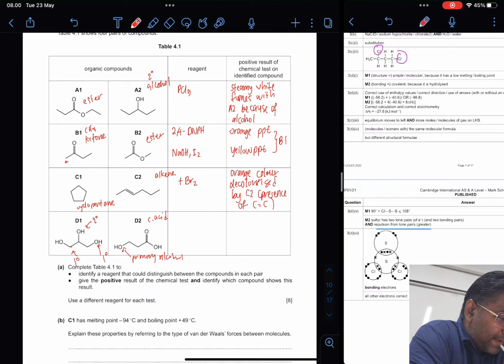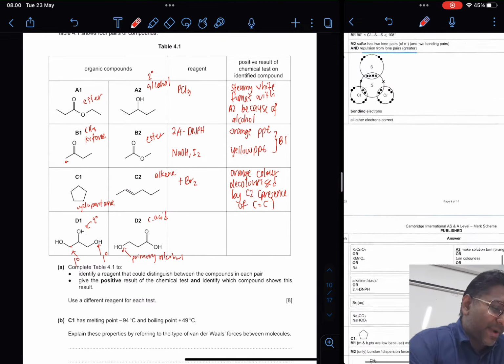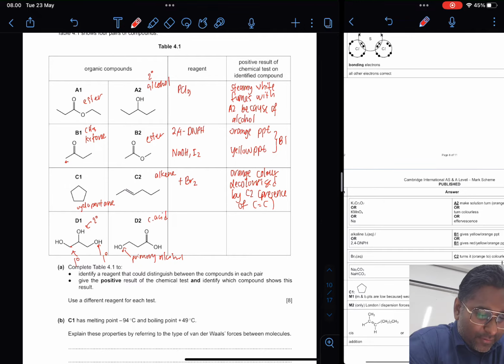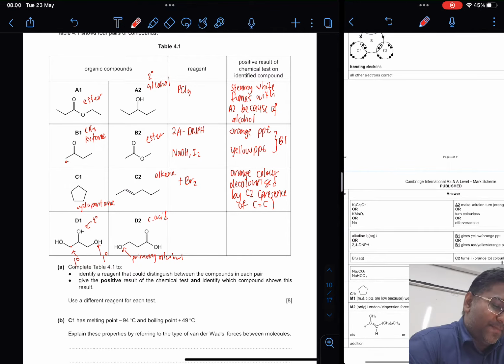Primary and secondary alcohol, you are reacting with carboxylic acid. I think the best is by using sodium hydroxide. Let me check also here. Rather than using sodium hydroxide, that's why they don't use sodium hydroxide, because we cannot see the observation clearly because of water. Yeah, you can react with sodium carbonate.